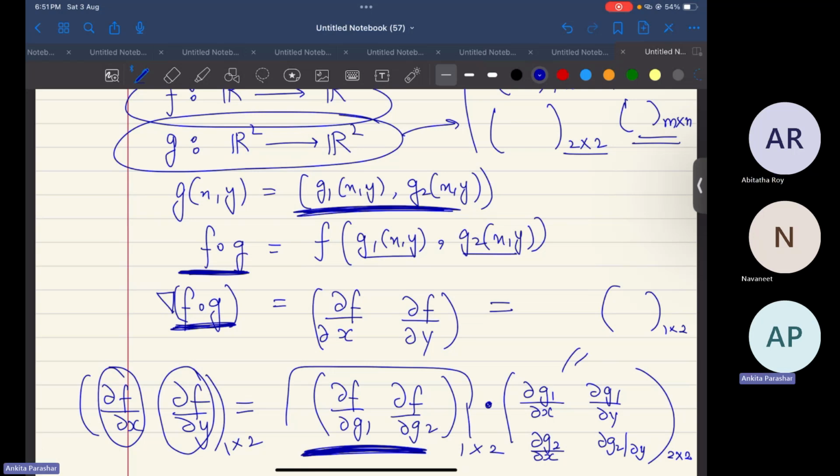But then coming to g, g is a function from R2 to R2. So you will have a 2 cross 2 matrix, and that will be determined by as many components and as many variables as you have. You have two components g1, g2, and two variables x and y. You take g1 with respect to x, g1 with respect to y, then g2 with respect to x and y. Then you can complete the matrix. This is nothing but a Jacobian.